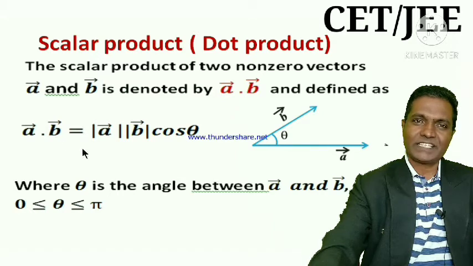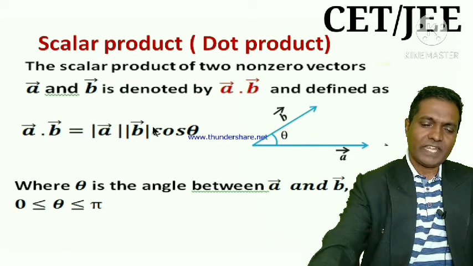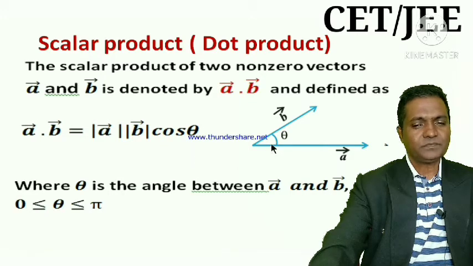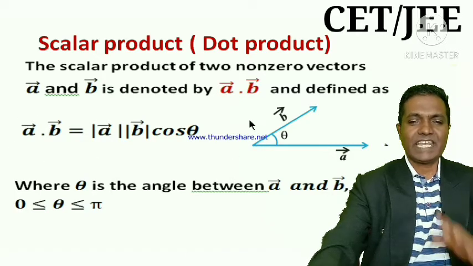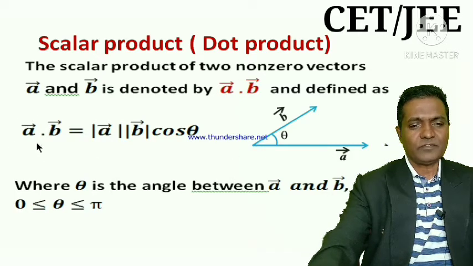Vector A dot vector B is magnitude of A into magnitude of B into cos of the angle between them. In this way you can define the scalar product or dot product of two non-zero vectors.